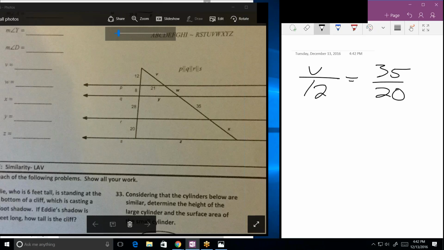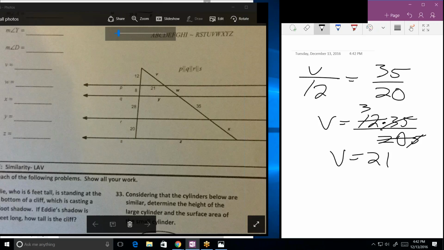That's still as V equals 15. Hold on, let's see if I divide. What I got with what you told me to do, 3/5. I get 21 here. So that is not a correct ratio.